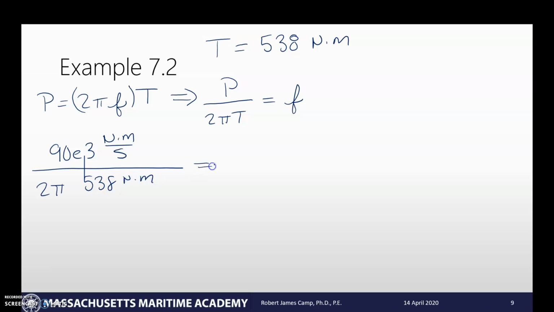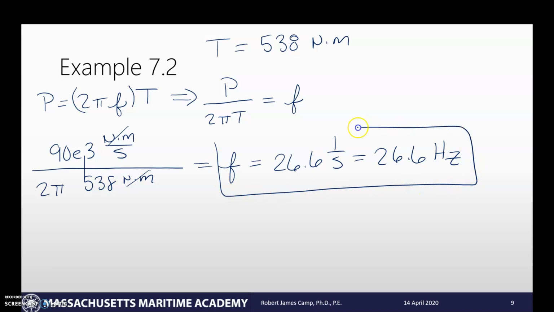If I look at the units here, that's going to cancel out, that's going to cancel out, and I'm going to be left with inverse seconds, and that's a cycle or a hertz. And so if I bash this into my calculator, what I get is 26.6 inverse seconds, which is 26.6 hertz. And there we go. That's all there is to it.